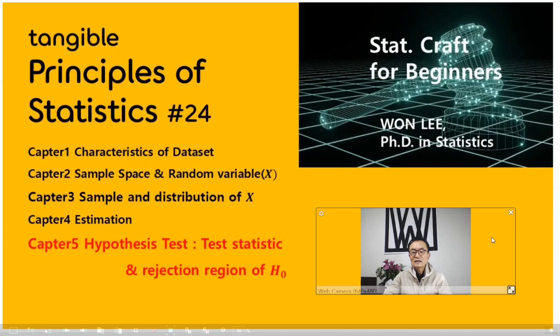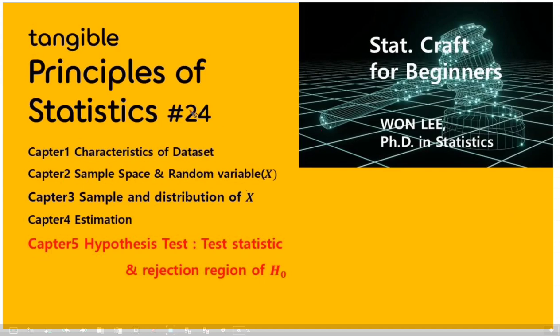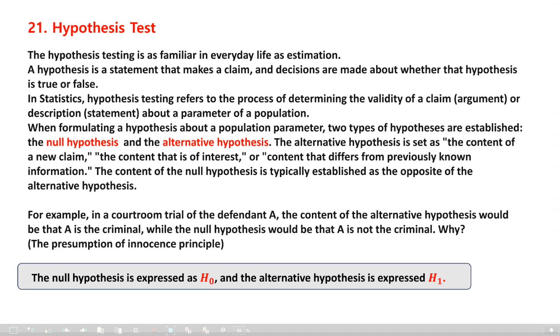Okay, let's see the previous lecture. Test hypothesis: null hypothesis and alternative hypothesis. The null hypothesis is shortly H0. The alternative hypothesis is shortly H1. What is an alternative hypothesis?